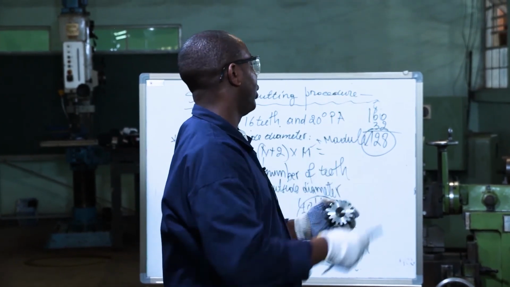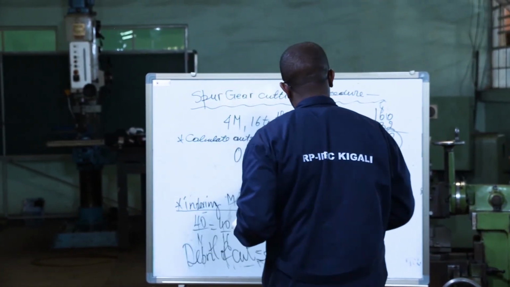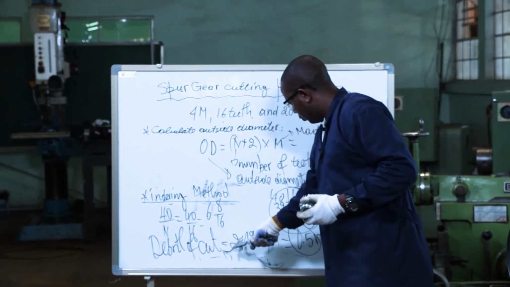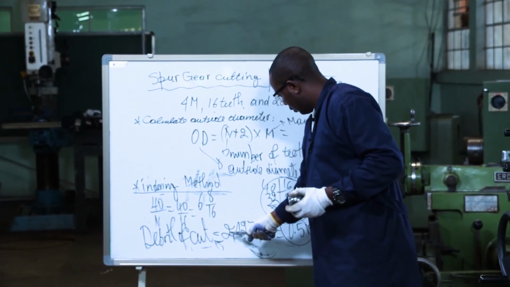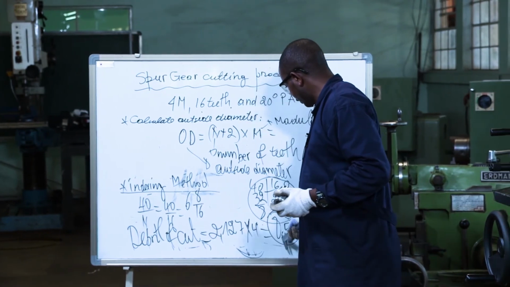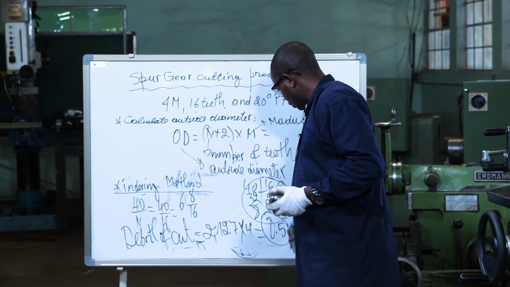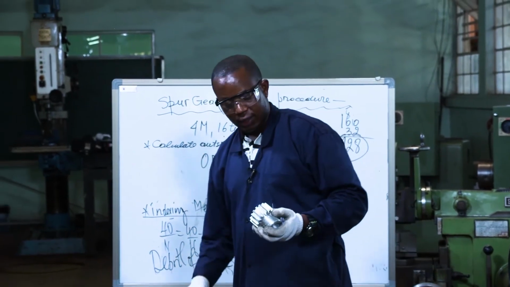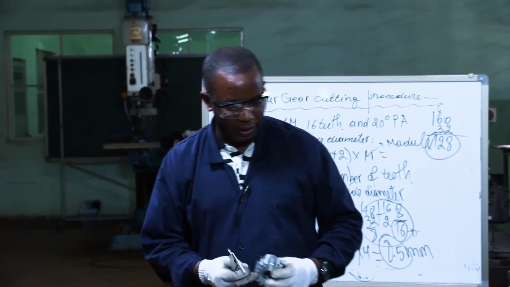Yes, 8.5, as it has been calculated. 2.127 multiplied by 4 is equal to 8.5, which is the depth of teeth.